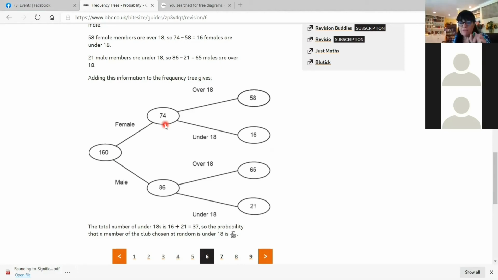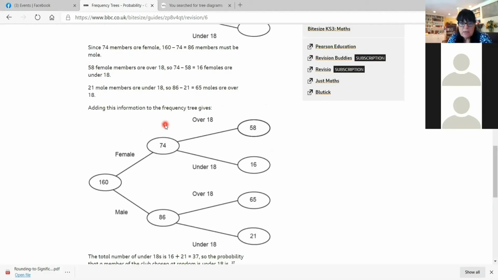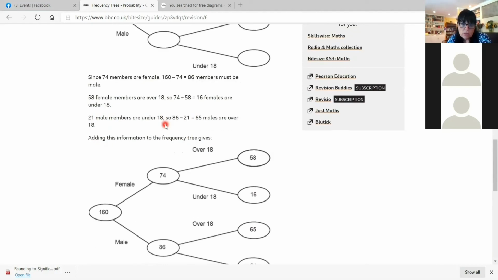But then you can be a female and under 18. When it's and, what do you do, Jojo? You multiply. So times, and then the probability that you're under 18 is going to be 16 over what? So that's 58 plus 16. 8 and 6 is 14, carry 1, 74, obviously.